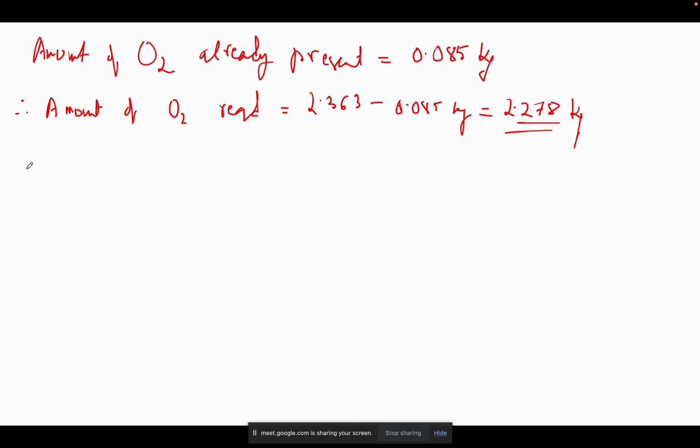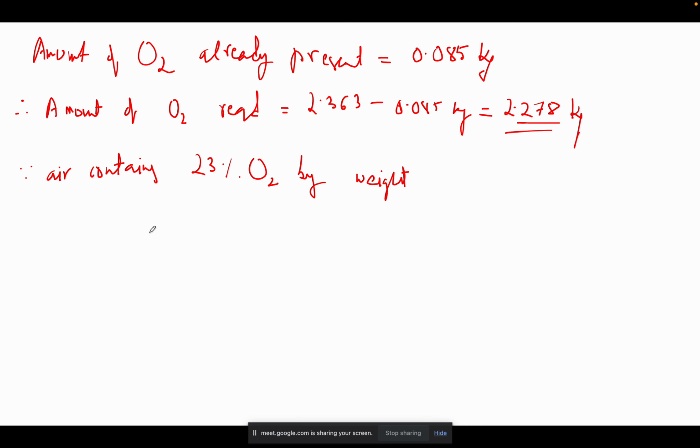Now we know that air contains 23% oxygen by weight. Remember, when I was talking about the first question, it was 21% oxygen by volume.